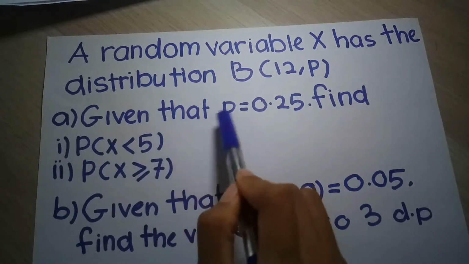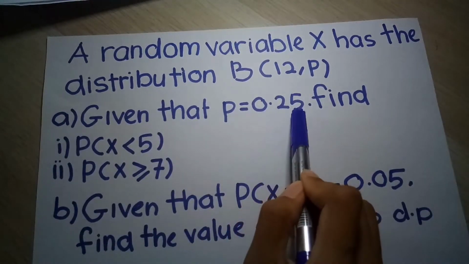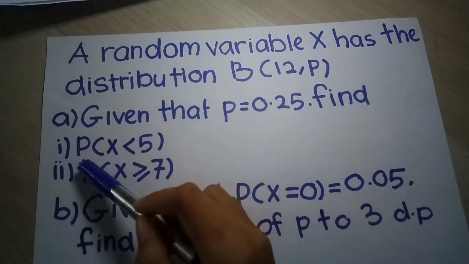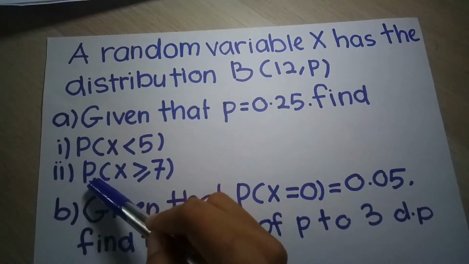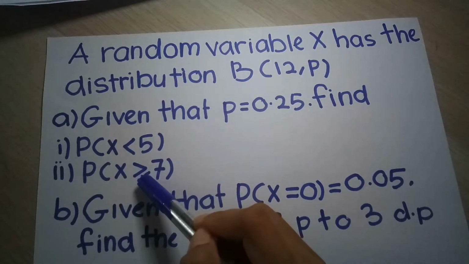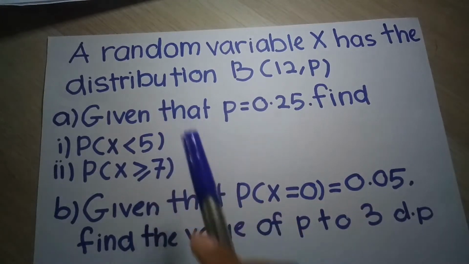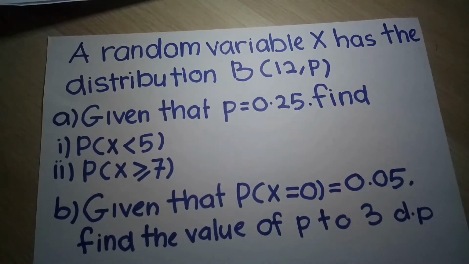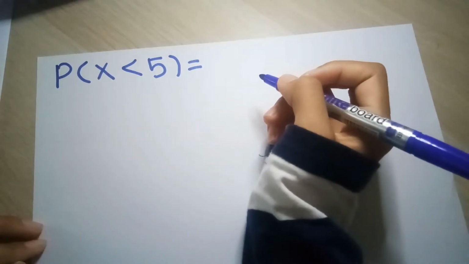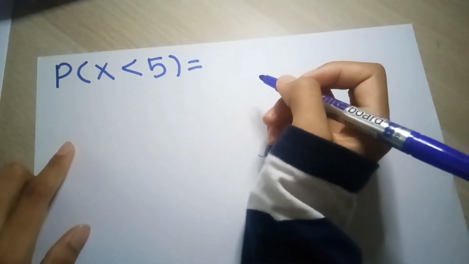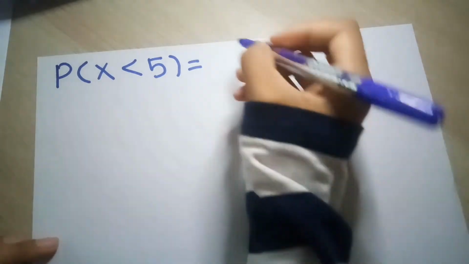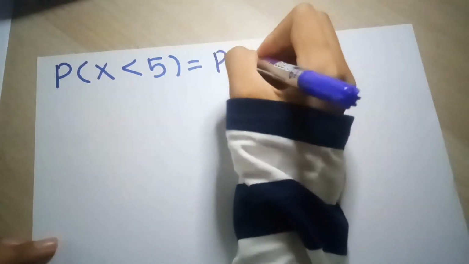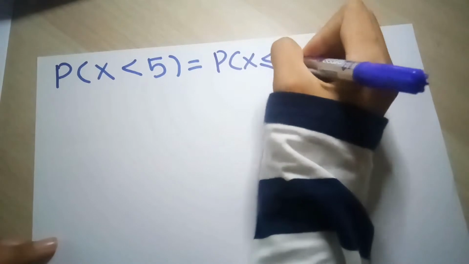In part A, given that the probability is 0.25, we are asked to find probability x less than 5, and part 2, probability x more than or equal to 7. Probability x less than 5 is probability x = 0, 1, 2, 3, 4, which is exactly P(x ≤ 4).